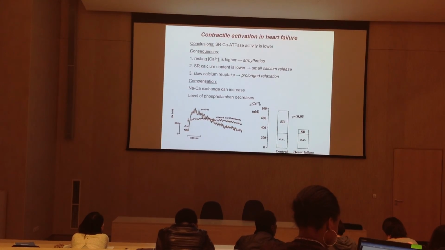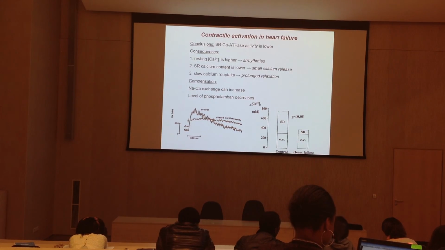If we knock out the gene for phospholamban, and people produced phospholamban knockout animals, in this case the inhibiting effect decreased, and therefore they could improve the calcium ATPase activity a little.